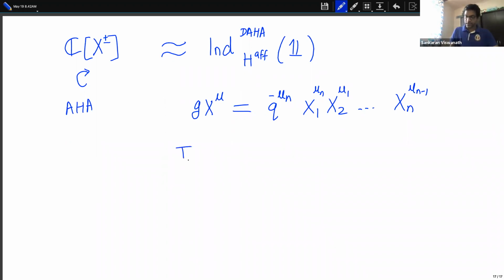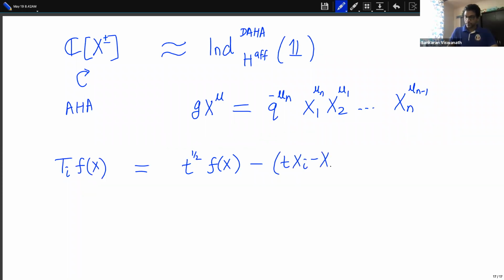And the action of ti's is given as follows. So let's just write this out. How does ti act on a polynomial f of x? Well, on the one hand, it's some multiple of f(x), but then there is a difference operator.